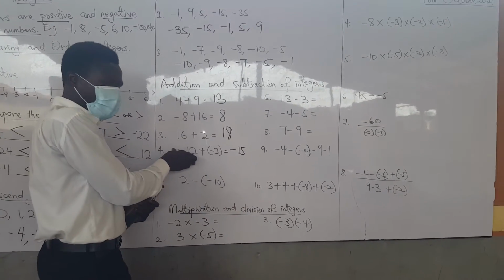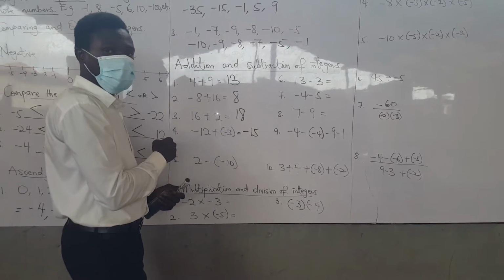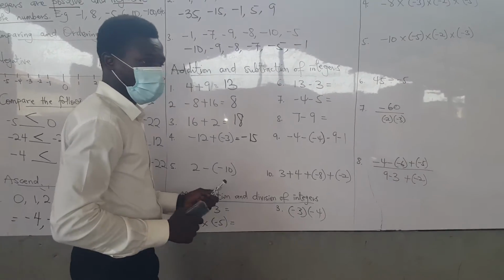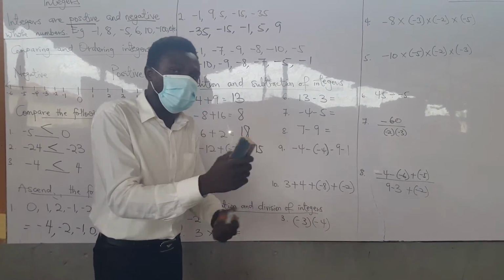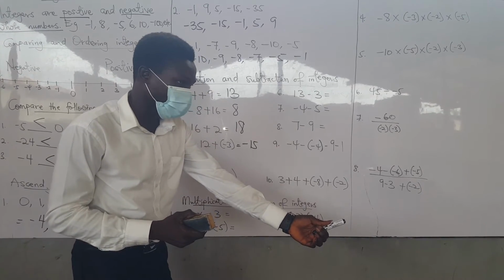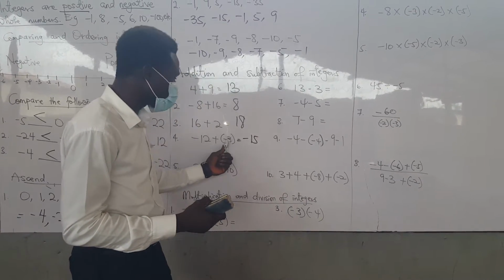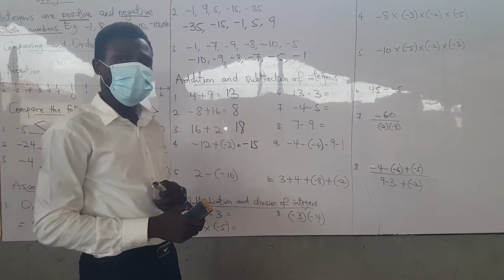I owe 12 cedis because of the negative sign. I owe 3 cedis because of the negative sign. So if there is a negative in front of a number and you are adding or subtracting, use this principle. I owe 12, I owe 3. In all, how much are you owing? You are owing 15.